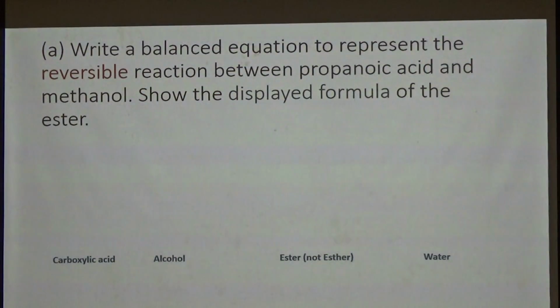Now part A, this part I will just go through with you because we haven't learned organic chemistry yet. They say write a balanced equation to represent the reversible reaction between propanoic acid and methanol. Show the displayed formula of the ester. You have learned this before: carboxylic acid reacts with alcohol to give you an ester and water.